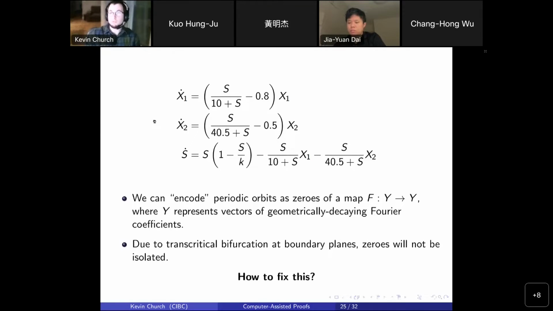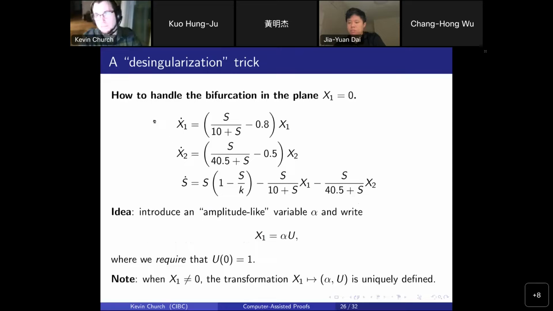But of course, that map will have the problem that I mentioned before, which is that it cannot successfully be used for a computer-assisted proof at the bifurcation points. So how do we fix this? Here's the trick. It's been used by a few people in a few different contexts. Sometimes it's called desingularization, sometimes it's called blow up.